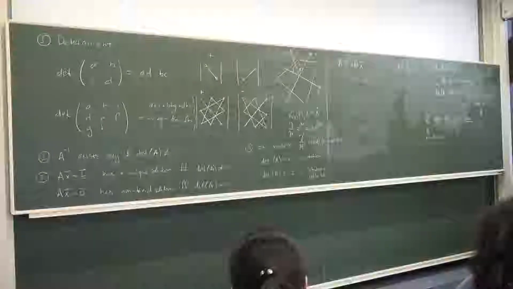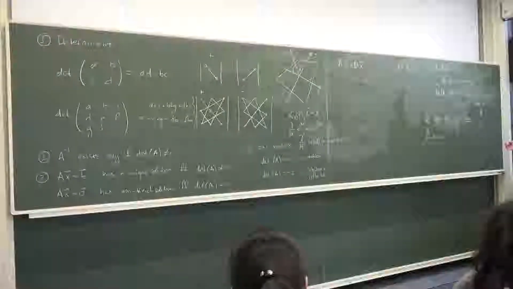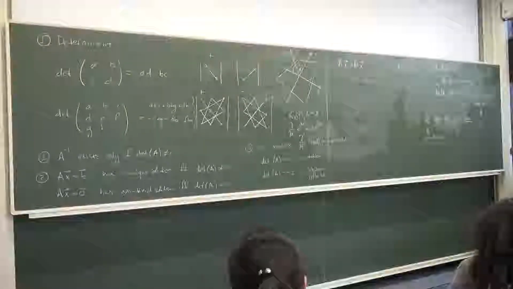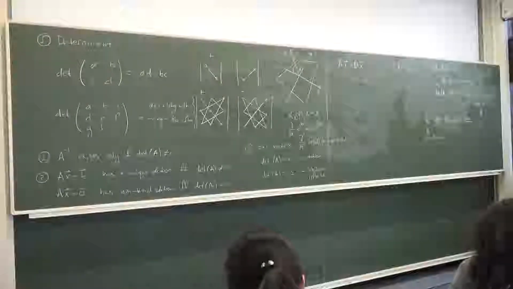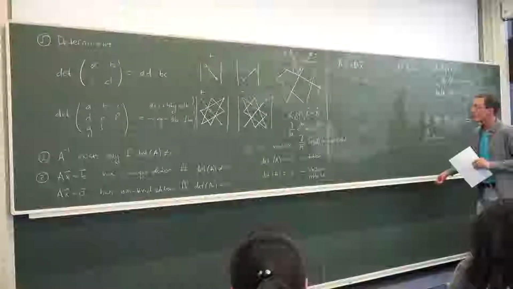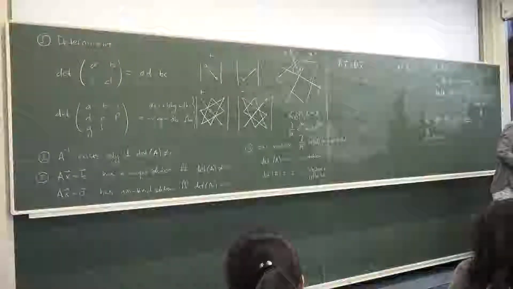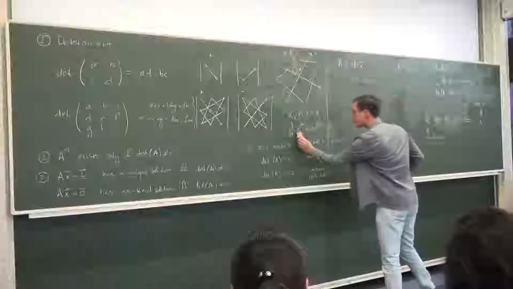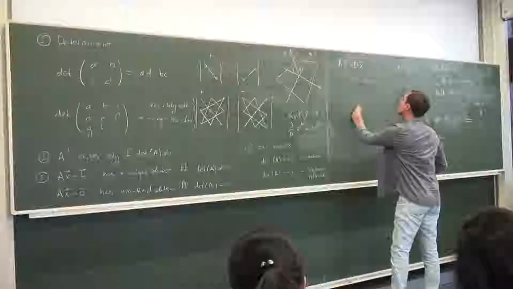So let me go through a complete example of this for a 2 by 2 matrix, so you can have this illustrated completely from the beginning to the end.